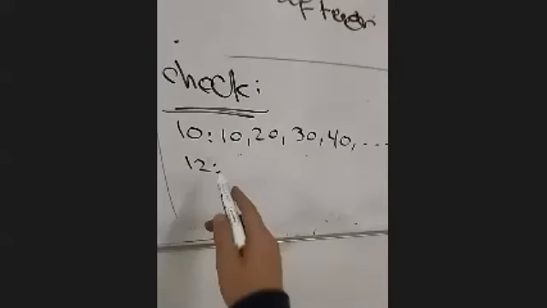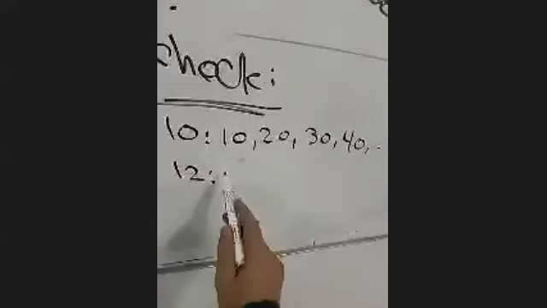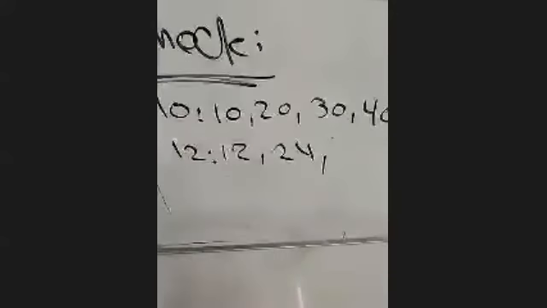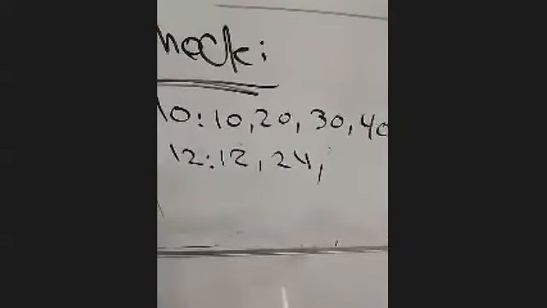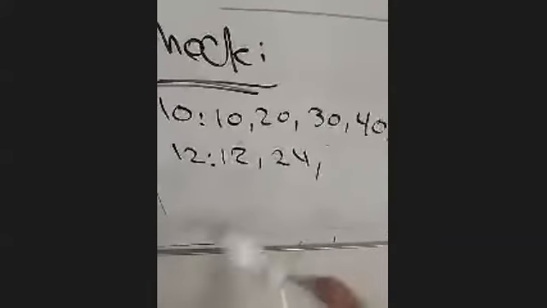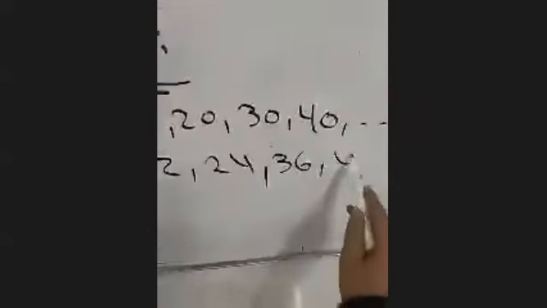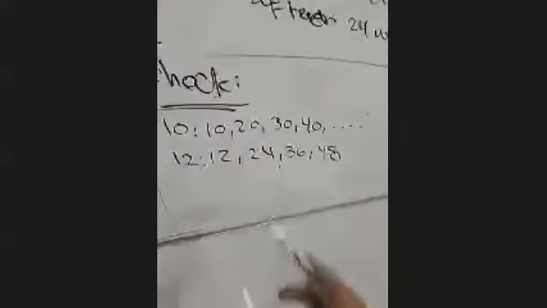How about the 12? Give me multiples of 12. 12, 24, 36, 48. Do we have a common number up and down?